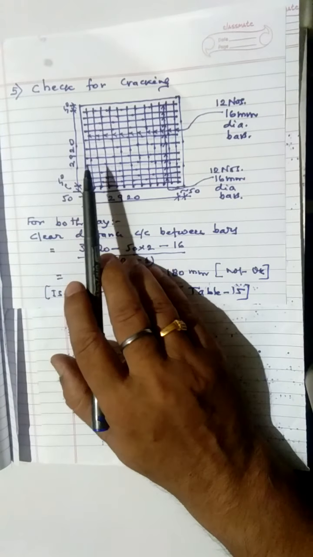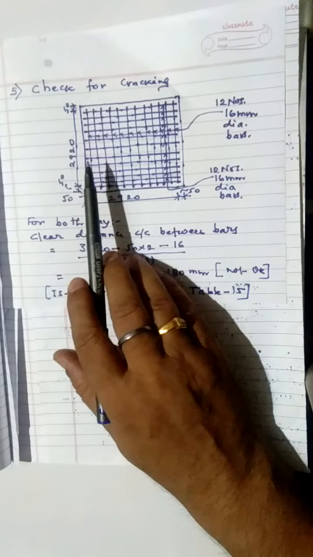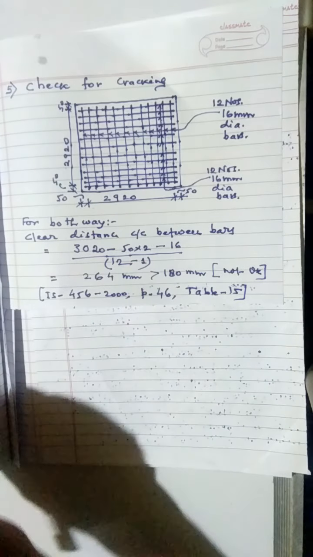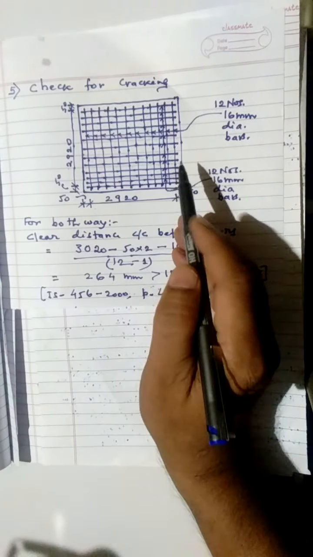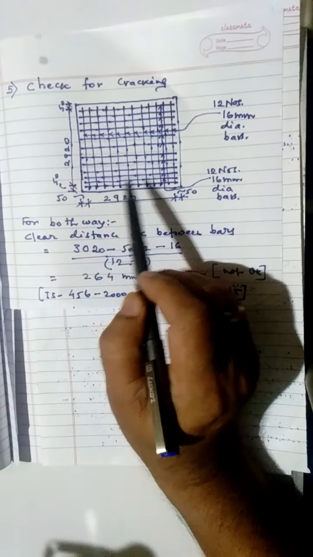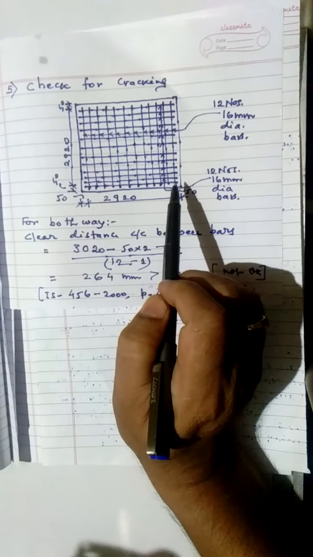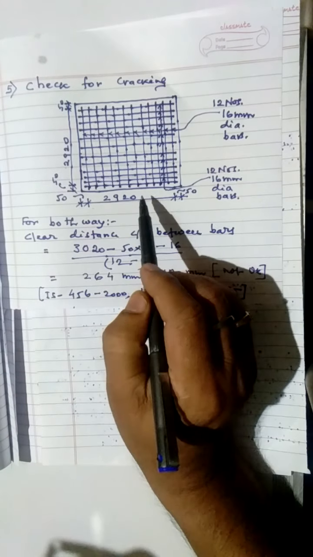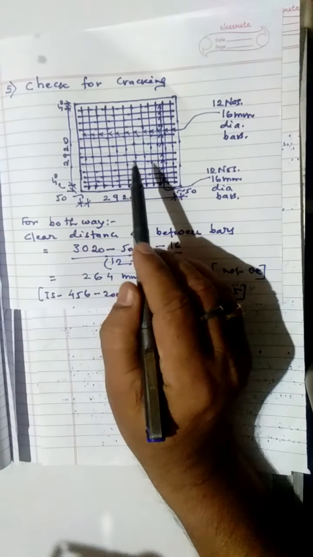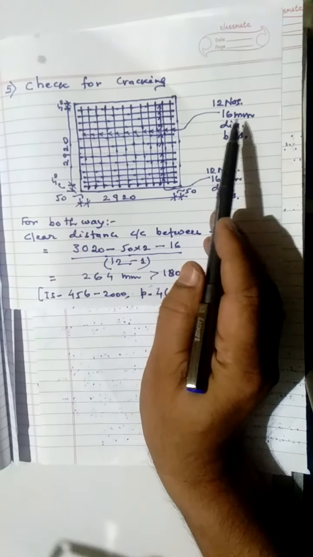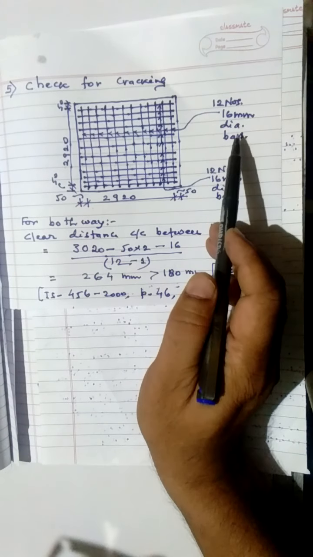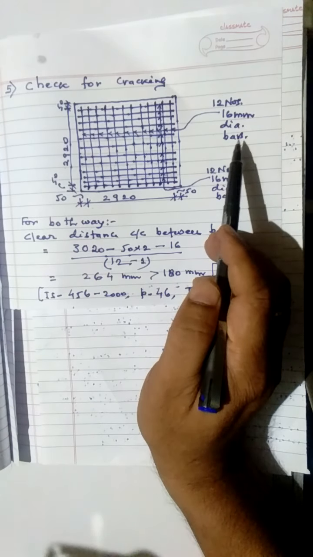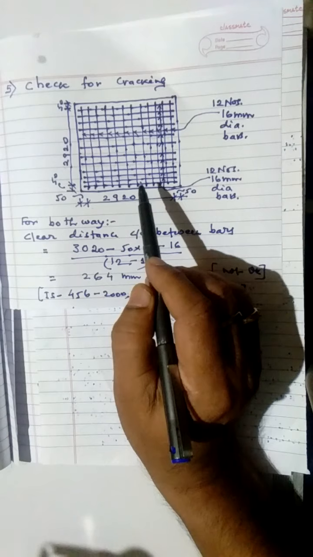Now we'll check the steel bars for cracking. If we draw a sketch of the reinforcement in the footing, as we have discussed, there is one layer, that is the lower layer shown here in X direction, and the upper layer shown here in Y direction. Both are 12 number of bars and 16 mm diameter bars spaced equally in both the directions.